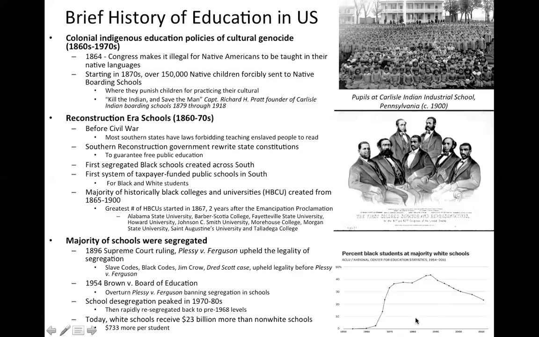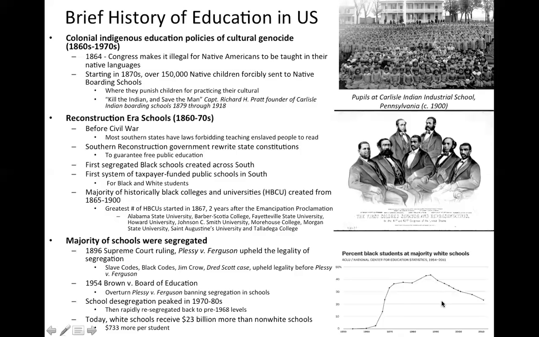But then from the 80s to the 90s, we have a combination of Nixon and Reagan Supreme Court judges who start tearing down a lot of this legislation and these court cases. Due to a lot of different court cases and different presidents, there's not so much of a push anymore to desegregate these schools.